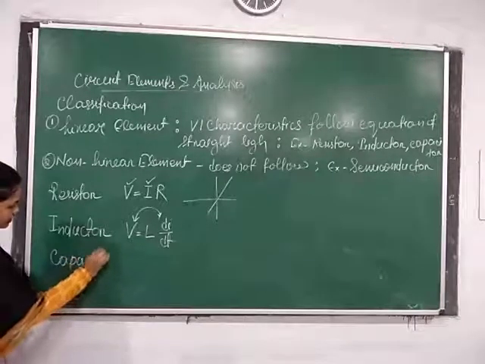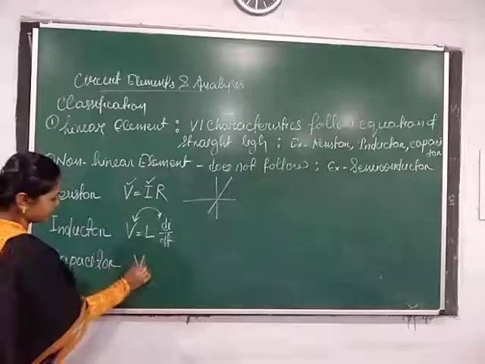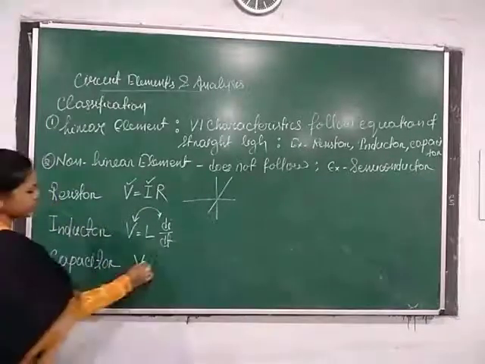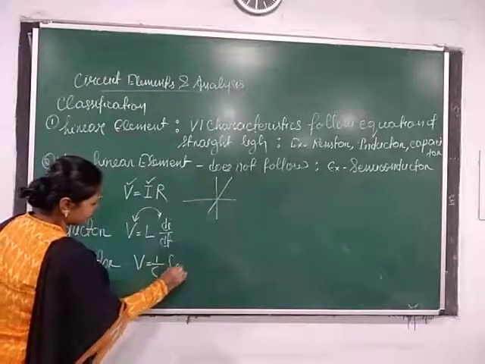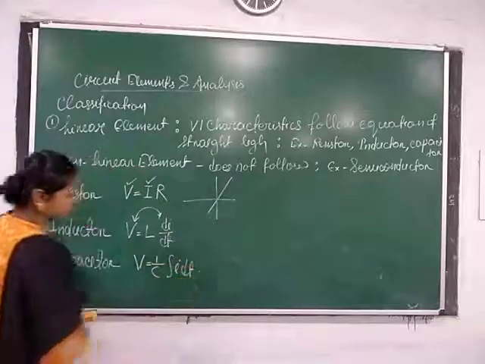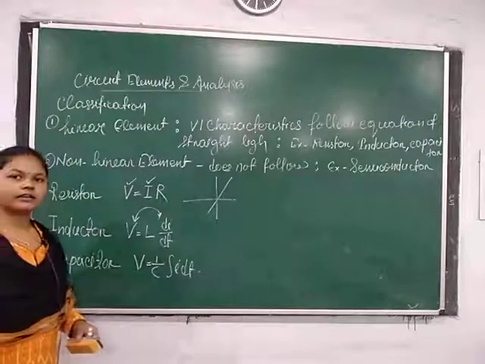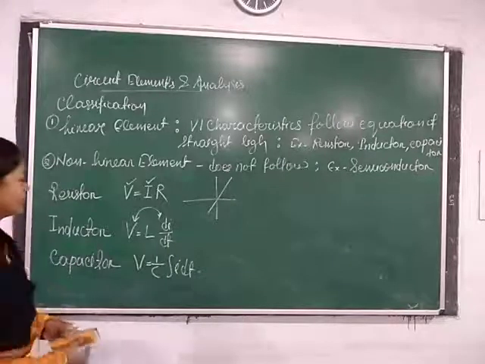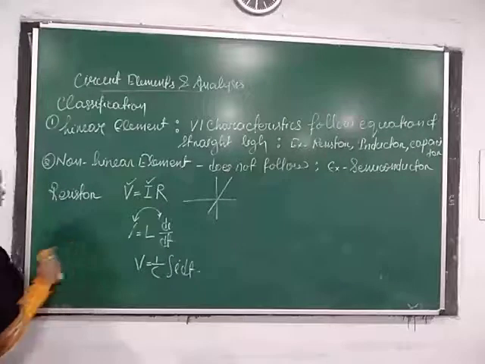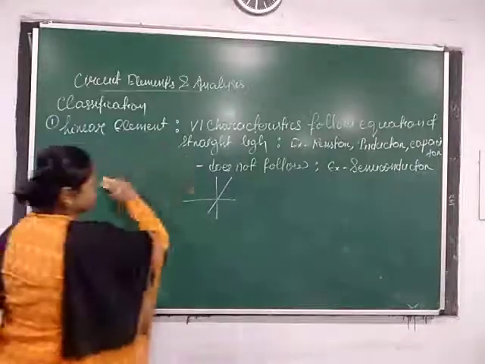Then for capacitor, the voltage across the capacitor is given by its equation, and here also current and voltage are directly proportional to each other. So resistor, inductor and capacitor are classified as linear circuit elements.